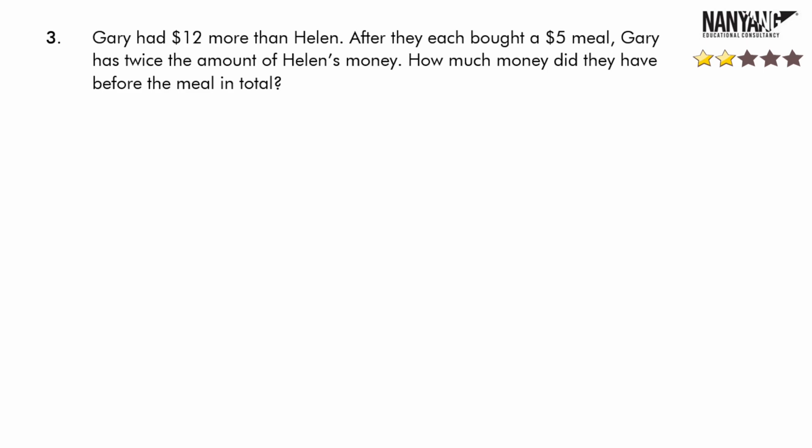Alright, so our first step will be to write down the ratio of Gary and Helen's money. Before, we don't know how much money they each have. However, we know that Gary had $12 more than Helen, so that's the difference.